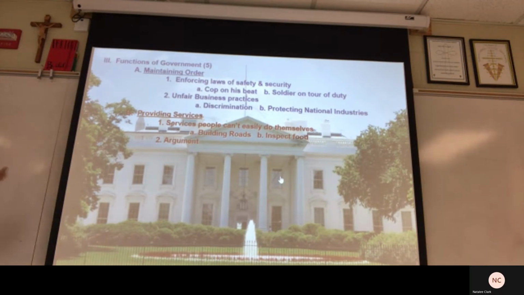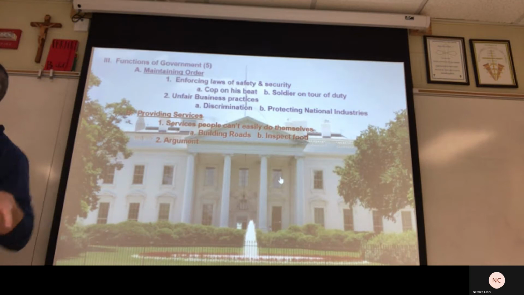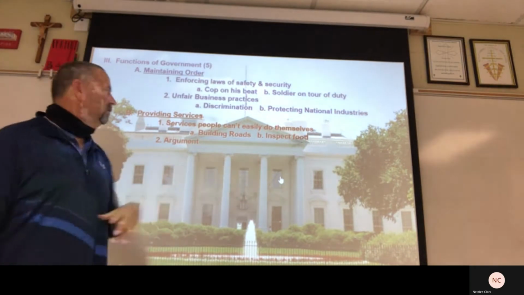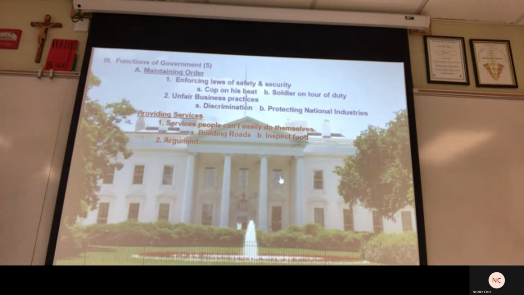And if you fell on the side of, hey, Medicare for all, that would be the government providing health care for everybody. That'd be providing a service. That's not in the Constitution, but some people say that's something they can do because some people can't easily do it themselves.